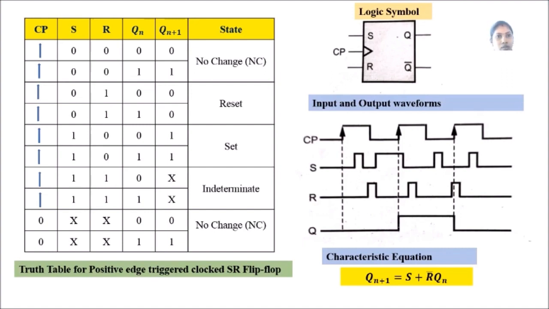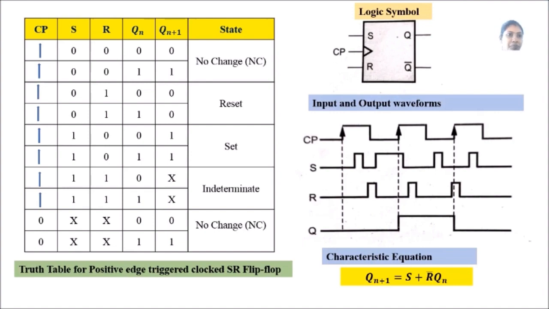Qn denotes the present state, Qn+1 denotes the next state. So you can see in the truth table that when S is 0 and R is 0, there is no change in the state of the flip-flop.